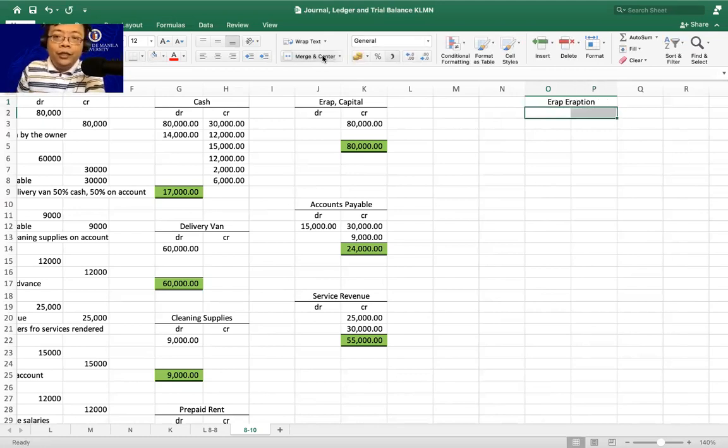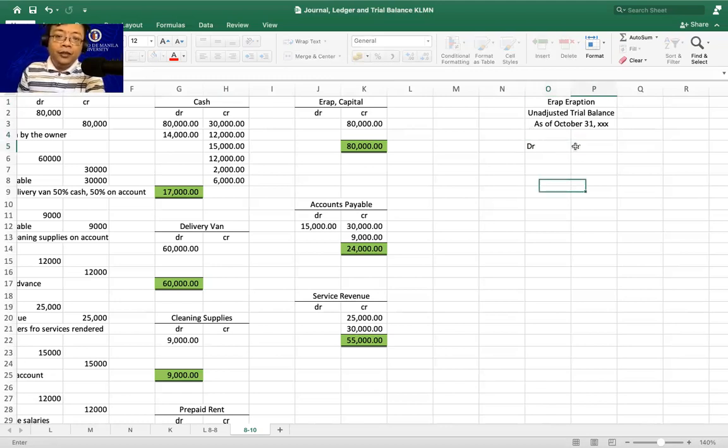And also take note, we will put here an adjusted trial balance, as of October 31, 2020. Kasi walang date. Here, of course, you have your debit and also your credit.